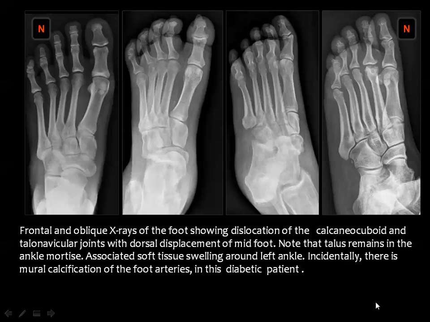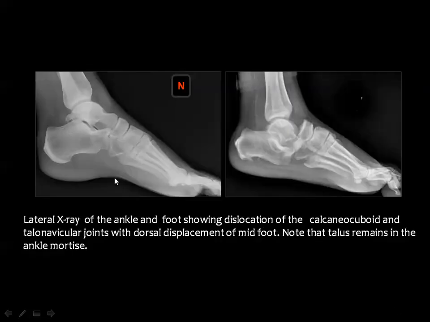Then, if you have the lateral X-ray, this is the normal relation between the calcaneus and the cuboid, the talus and the navicular. But you can appreciate easily here that the foot is dislocated superiorly with disruption of the related joints.